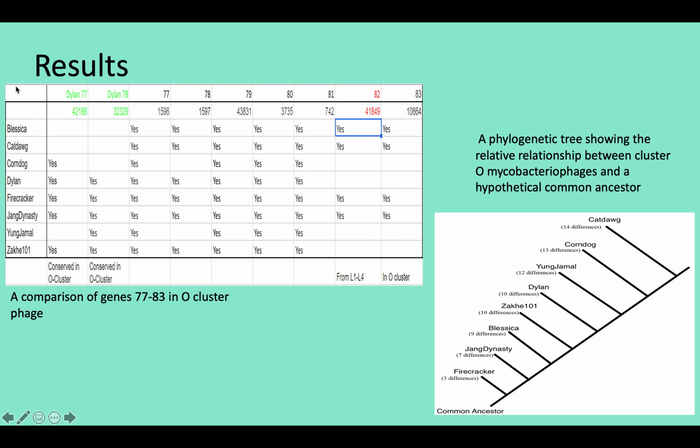Firecracker is closest to that hypothetical common ancestor with 3 differences, whereas CatDog is the furthest away from that hypothetical common ancestor with 14 differences. We see Blessica closer to the hypothetical common ancestor with 9 differences. And on average, it seems like phages ranged between 9 differences and 12 to 13 differences, with some outliers on either end.